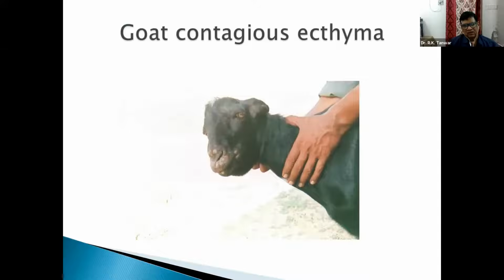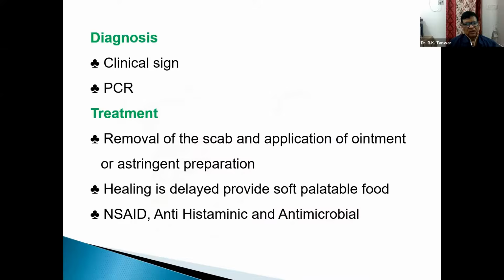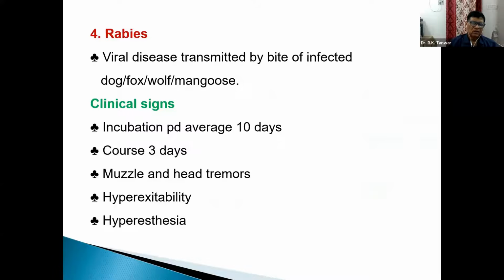This is one picture where there is contagious ecthyma. Diagnosis is by clinical signs. Treatment: remove the scab, and then apply ointment or any astringent preparation. Healing is delayed, so provide soft palatable food, or you can give antihistamine, antimicrobial, or non-steroidal drugs.